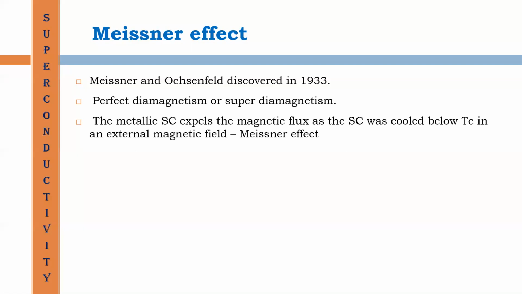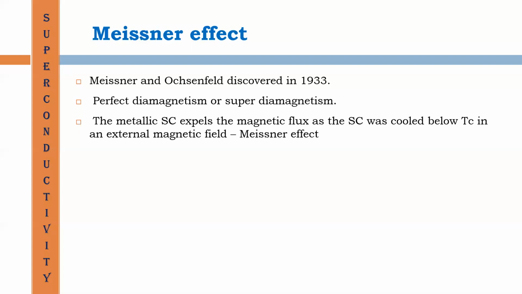So the Meissner effect is that metallic superconductors expel the magnetic flux as the superconductor is cooled below the transition temperature in an external magnetic field.